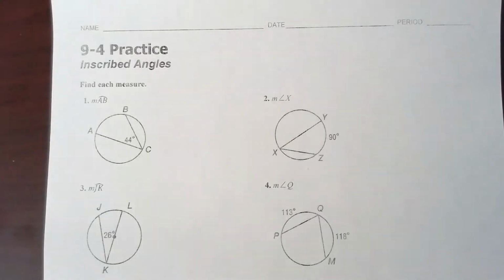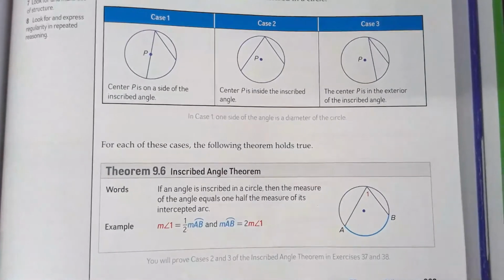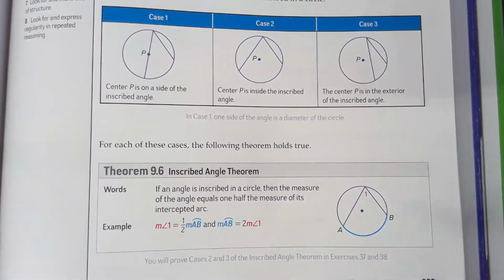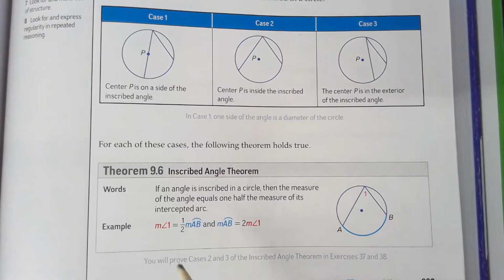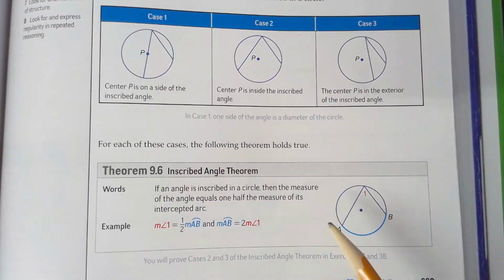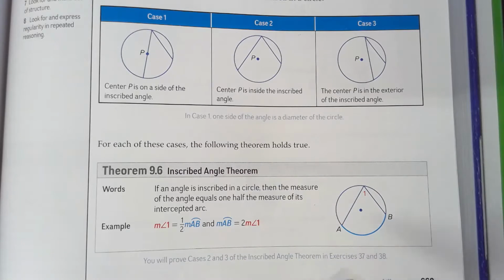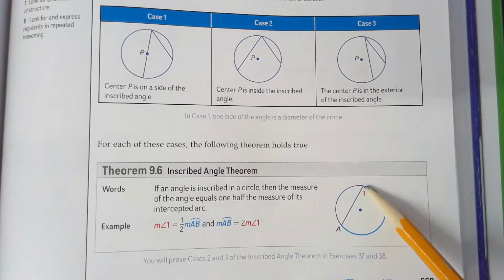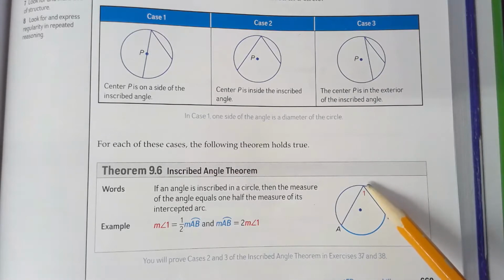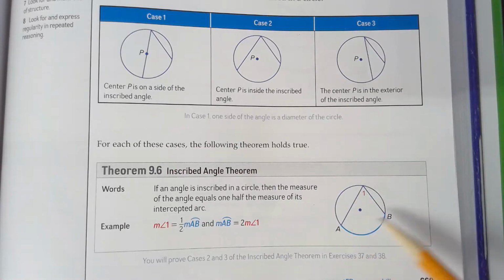It's not quite half. But the first theorem that I want to draw your attention to is found right here. This is on page 669 in your textbook, theorem 9.6 about inscribed angles. Inscribed angles are the angles that start on the circle, so that's where the vertex is located, and its endpoints are intercepting the arc around the circle as well.